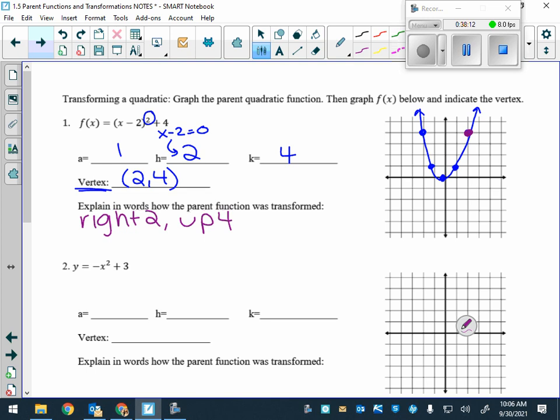We moved to the right 2 because we have x minus 2, and we moved up 4 because we have plus 4. All of these points can move the same way, or you could remember the trick. But if not, if you have your parent function, take this point, move it right 2 and up 4. Move this point right 2, up 4. That's all we're going to see on this graph.